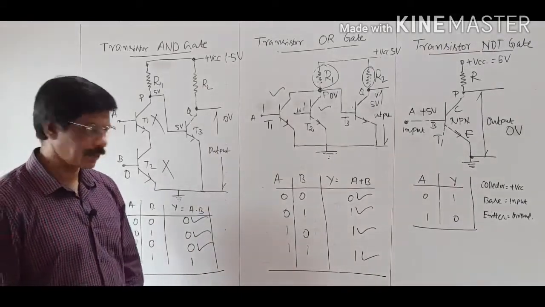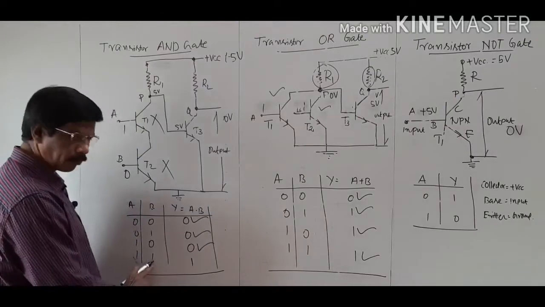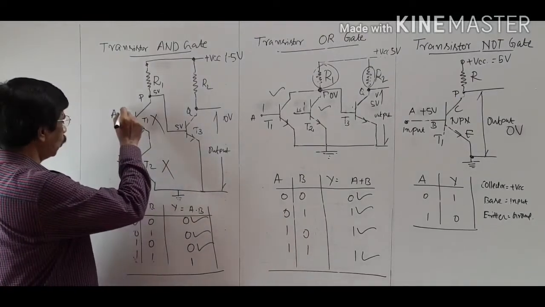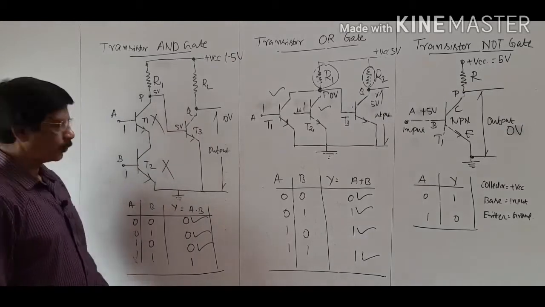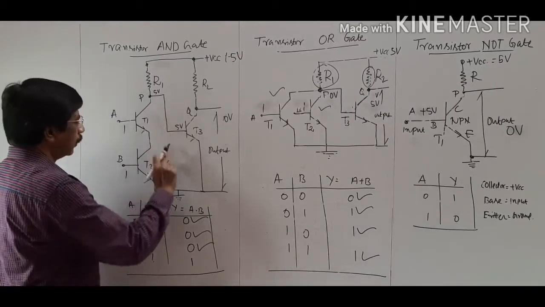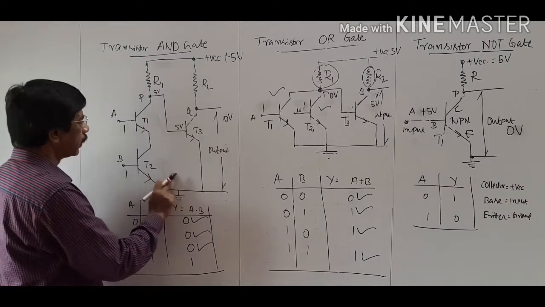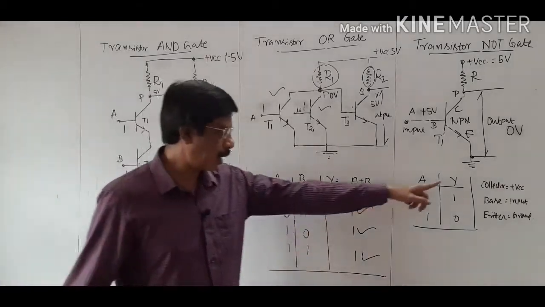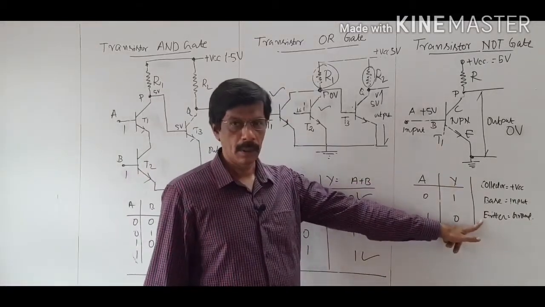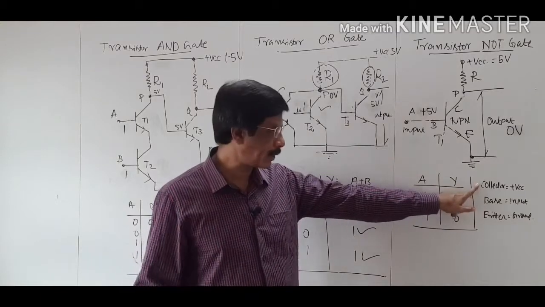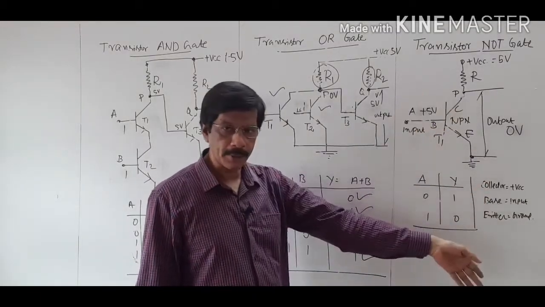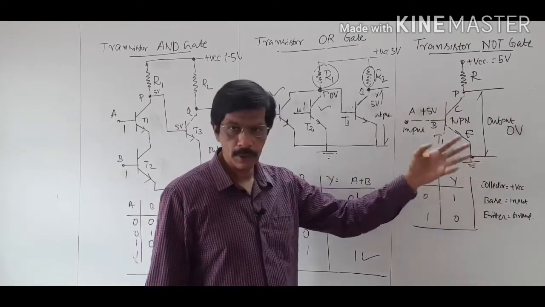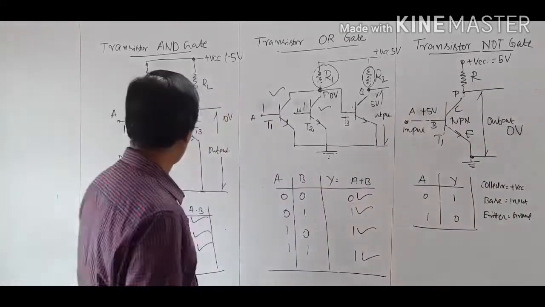The last case, A is equal to 1, B is also equal to 1. So in this case, both transistors satisfy all the three conditions. Collectors of both transistors are connected to plus VCC, emitters of both transistors are connected to ground, and the base also has inputs.